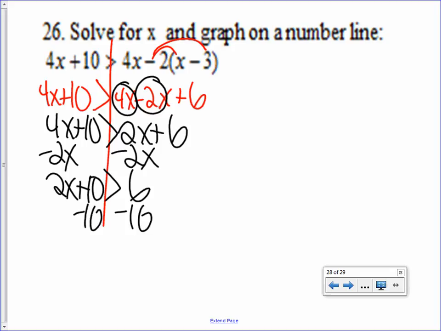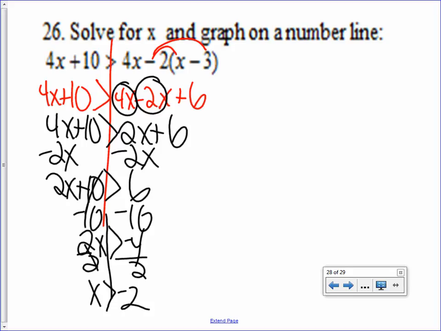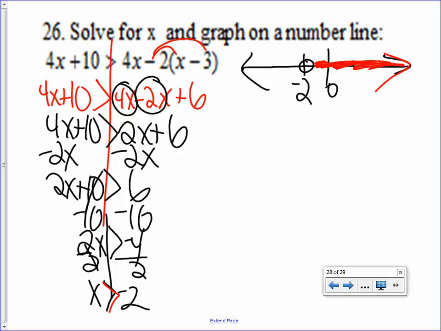Isolate. Add or subtract first. Divide last. I get x is greater than negative 2. There is no equals, so it's open, greater than, shade from the circle to the arrow, and that's it.